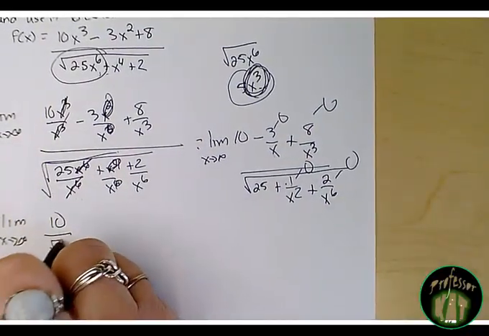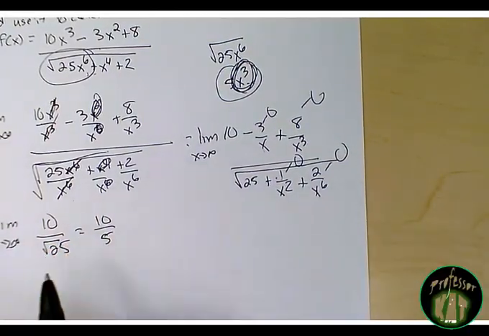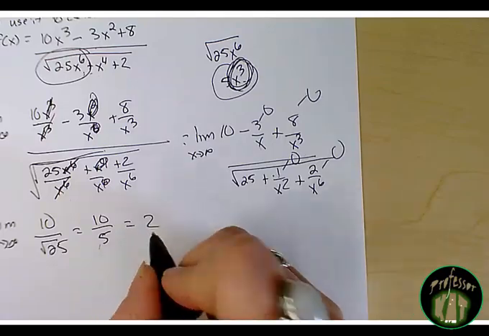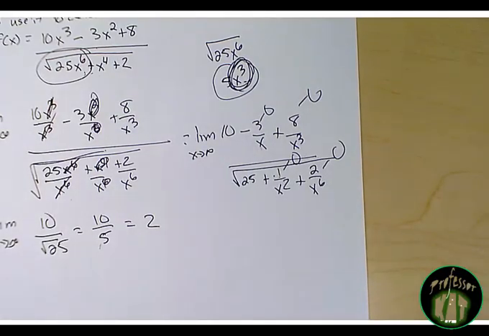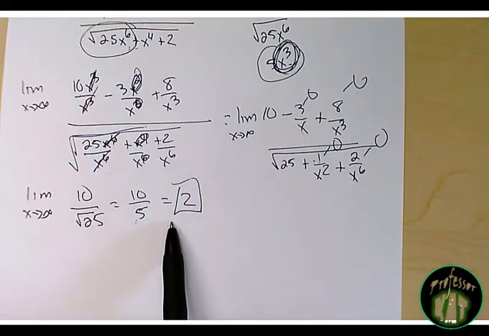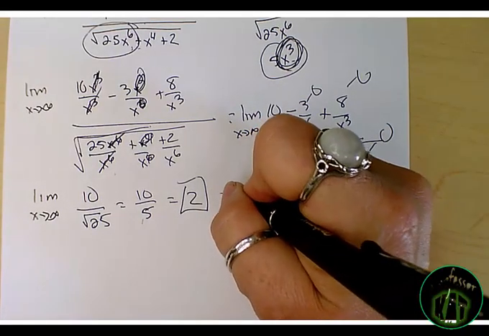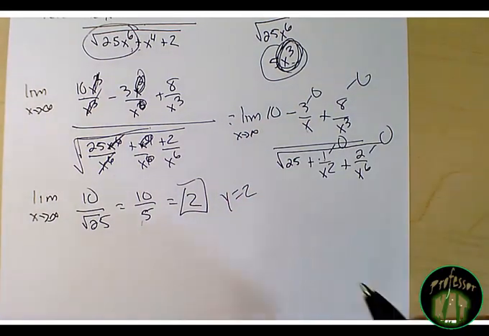All we had left in the denominator was the square root of 25. And when we simplify that, the square root of 25 is a 5, with the limit being a 2. Notice that the limit is going to be a 2 here, which also tells us that we have a horizontal asymptote at y equals 2.